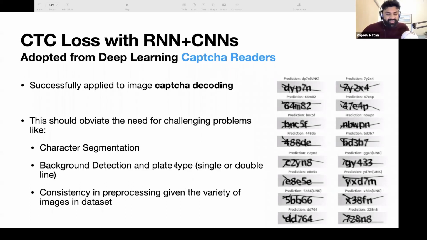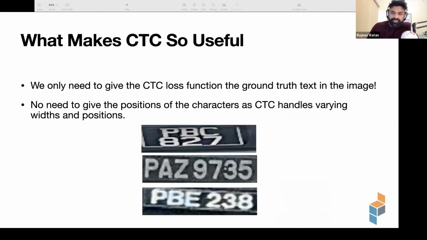We can just feed this data in, and CTC loss helps us deal with all of those inconsistencies or unaligned problems. What makes it so useful is that all we have to do is present the image like this of the plates and the label, which in this case would be PBC 827 and PAC 9735, and so on for the other one. There's no need to give the positions of the characters, okay?